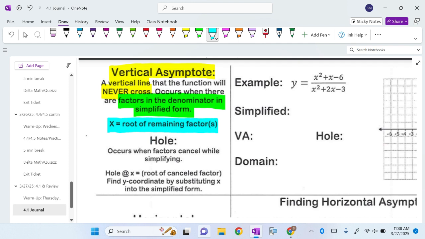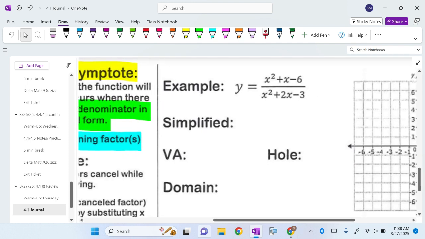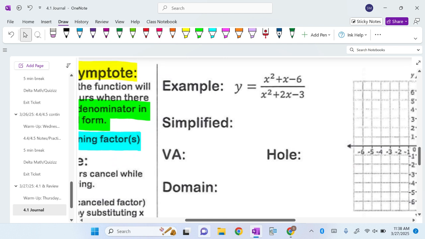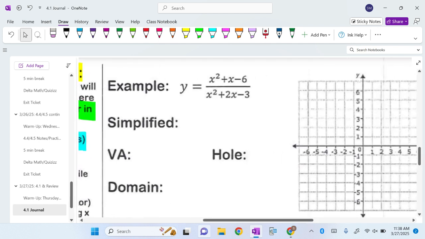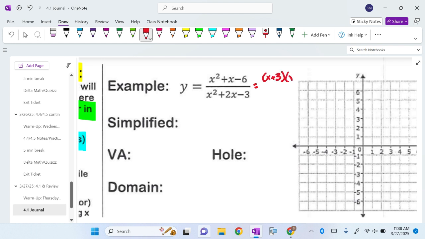You guys may not even get what I'm talking about, but let's just go ahead and factor this real quick. Let's look at this example. We're going to simplify this example. First off, we need to factor the numerator and denominator. Let's factor the numerator first. What are two numbers that multiply to -6 but add to 1? +3 and -2. So this would be x plus 3 times x minus 2 all over.